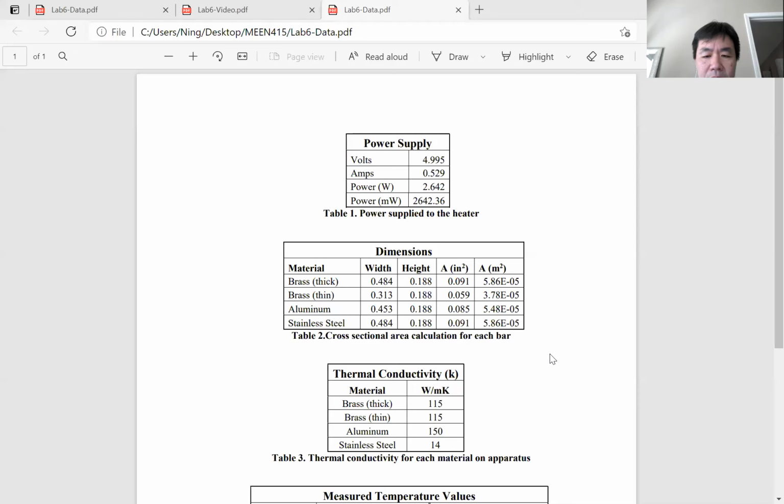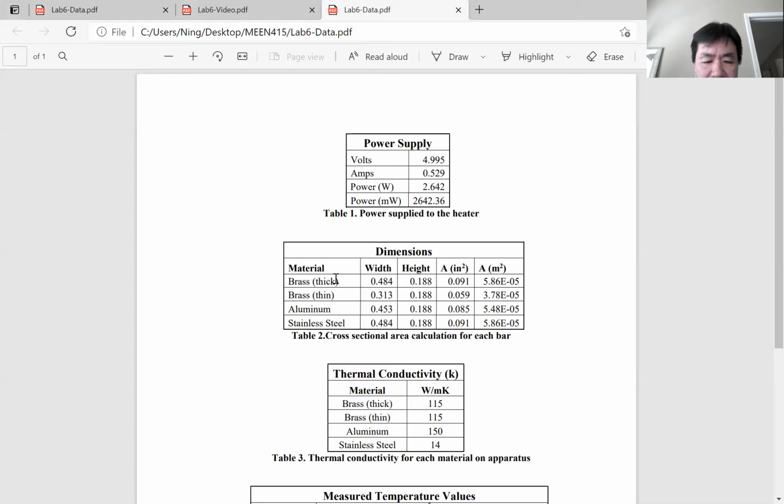Okay, so this is the data sheet. The first table shows the power, actually the voltage and the current, voltage and amps. Then it calculated for you the power, the total power input into the center of the unit, the electrical heater.